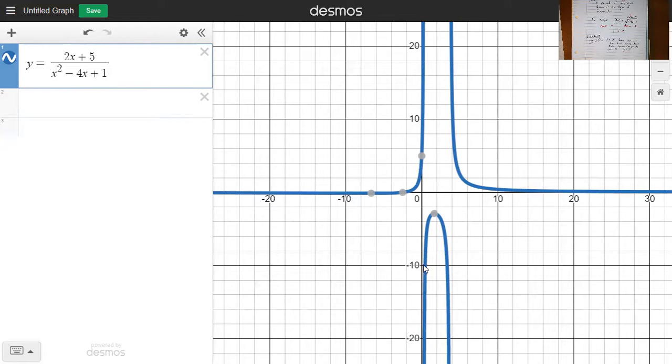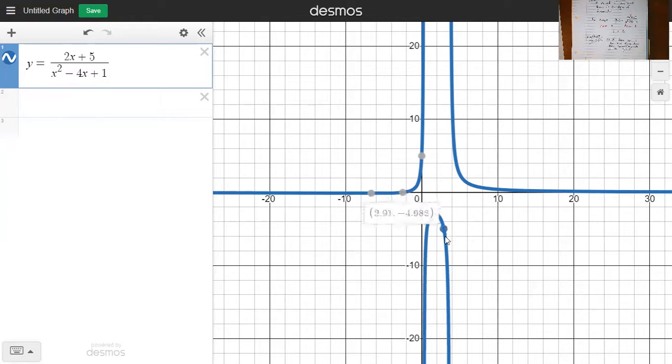Now this function is interesting because it's got this other stuff going on. That should make sense, because if I set the denominator equal to 0, it has a power of 2, which means I'm going to get 2 answers, so this is going to have 2 vertical asymptotes. And I see that. There's a vertical asymptote shooting up here, and then it jumps down here.